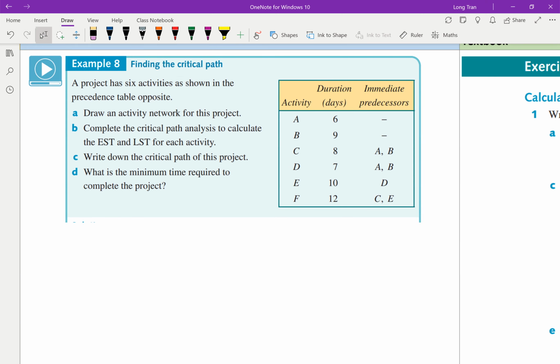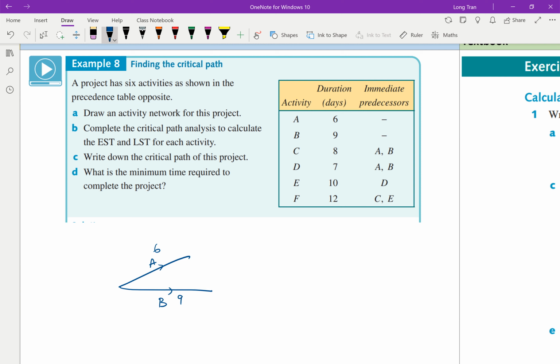We've got A. Edge A is independent, doesn't have anything connected before, and has a weight of 6, so I'm going to write 6 there. B is totally separate, and has a weight of 9.